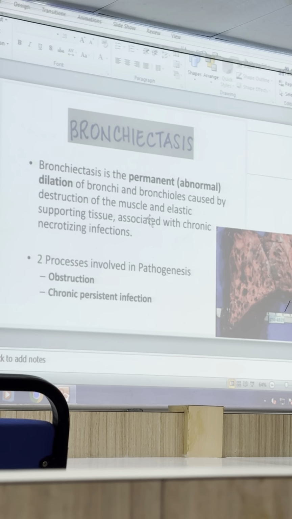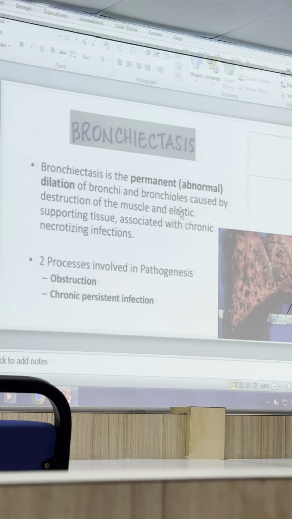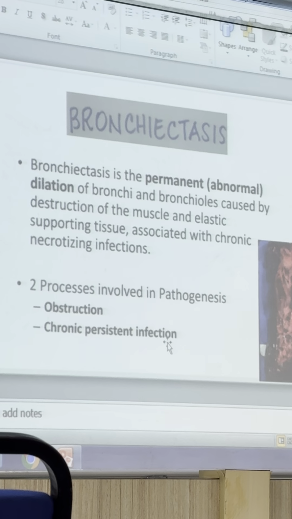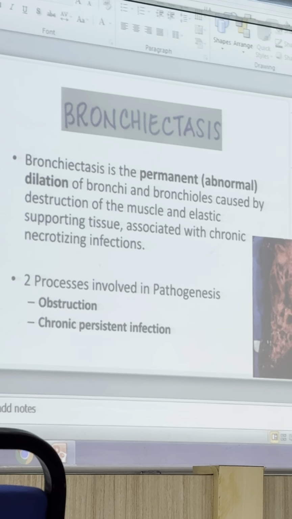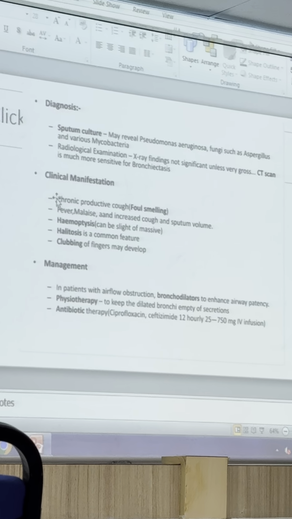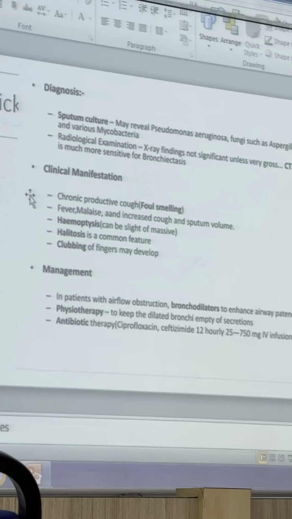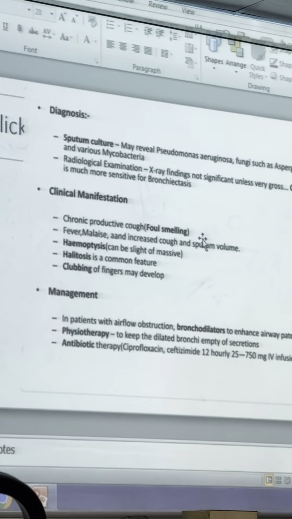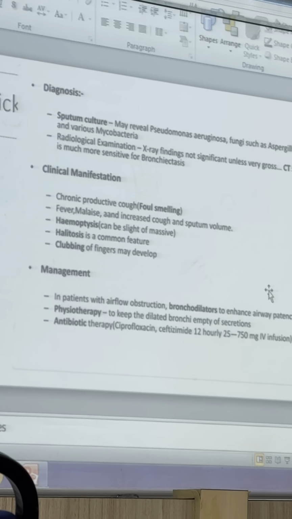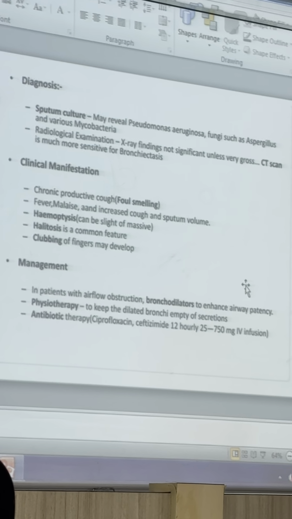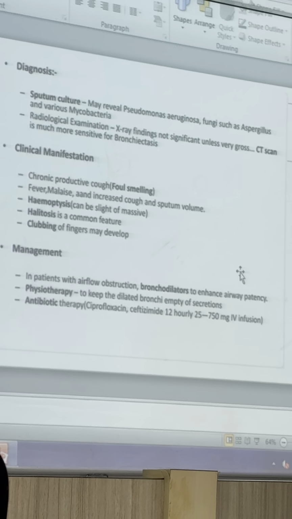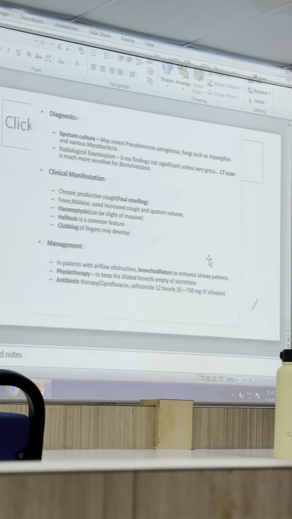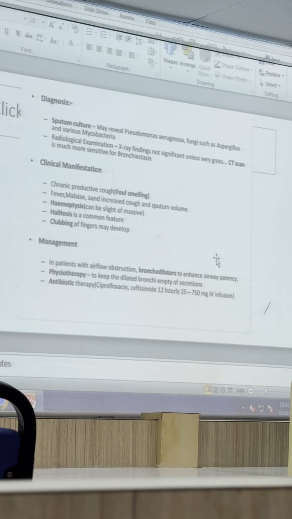The definition: permanent dilatation of bronchi and bronchioles. What is the cause? Obstruction and persistent infection. It will cause chronic productive foul-smelling sputum. So: definition, cause, what it is causing in the lung, and one definite clinical feature.